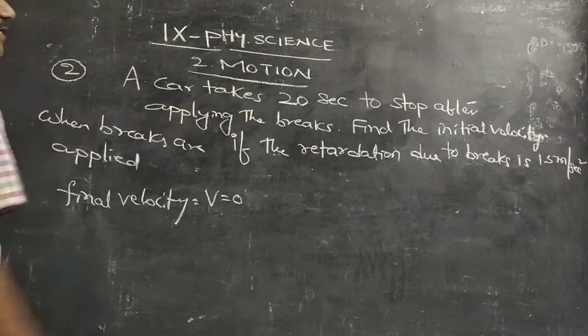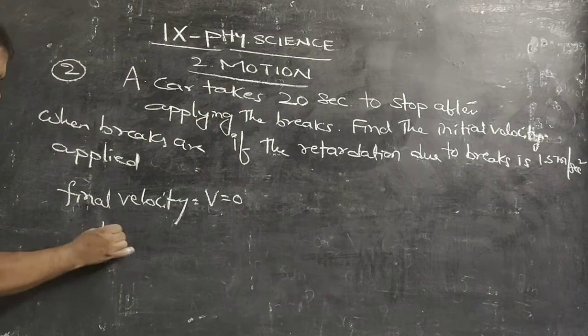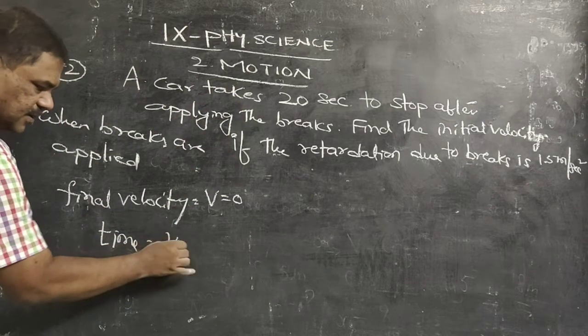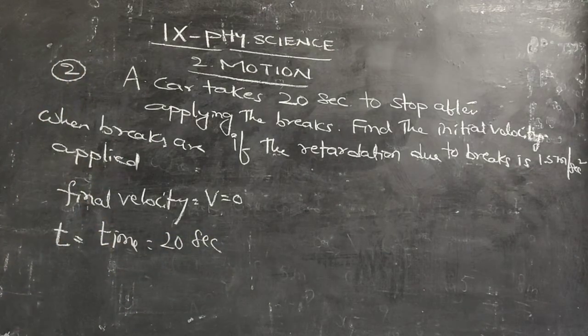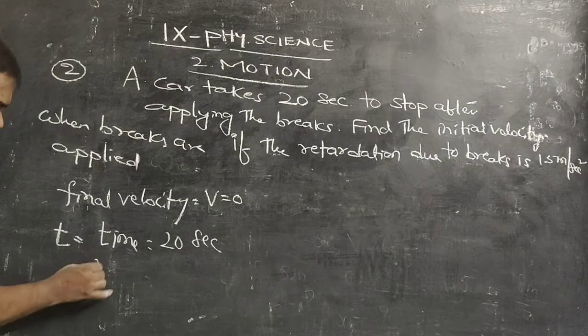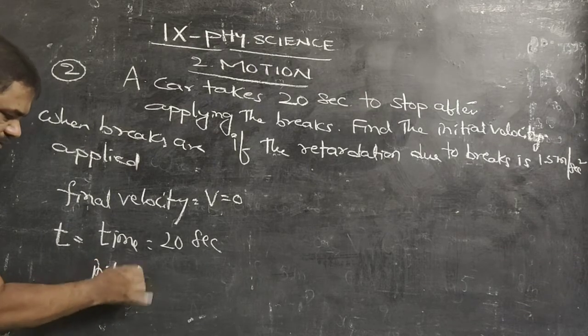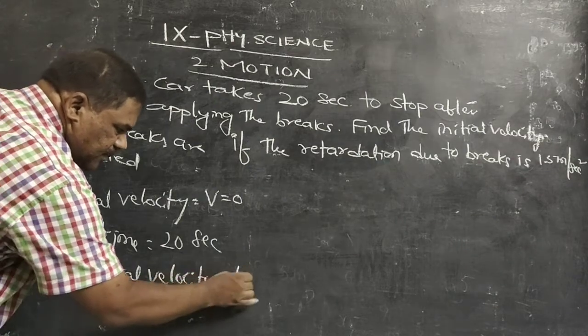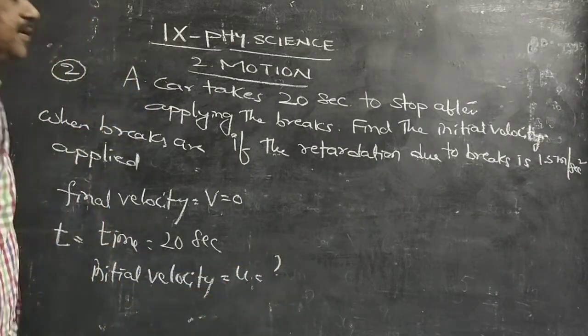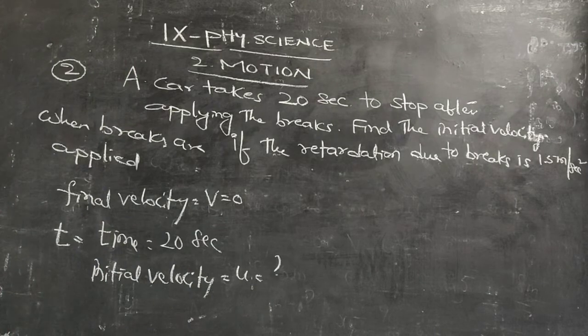A car takes 20 seconds, so time is given as 20 seconds. Find the initial velocity. Initial velocity we have to find. Initial velocity is denoted by u. Retardation is given as 1.5.